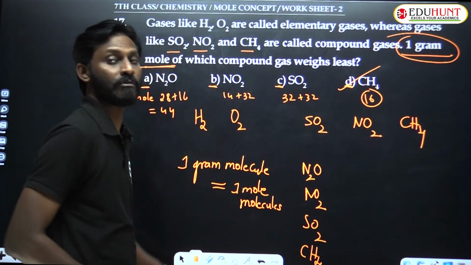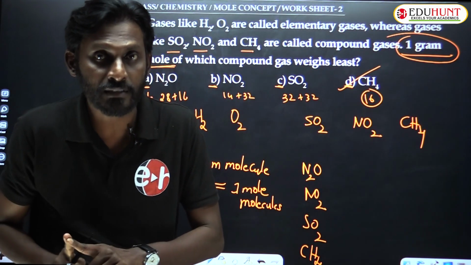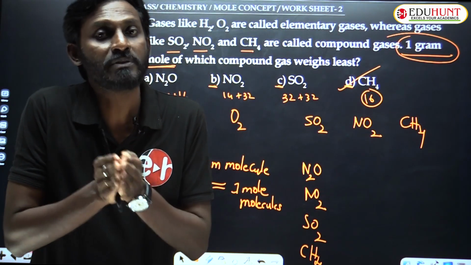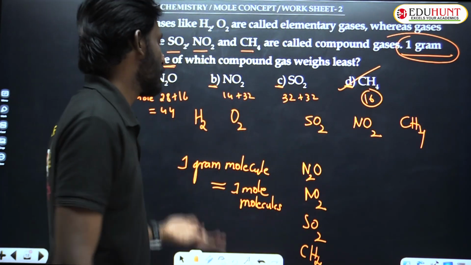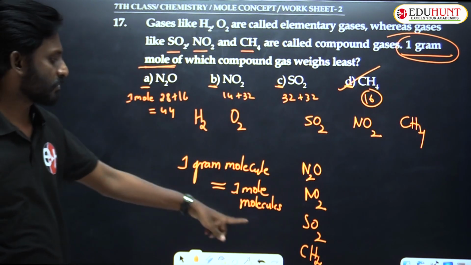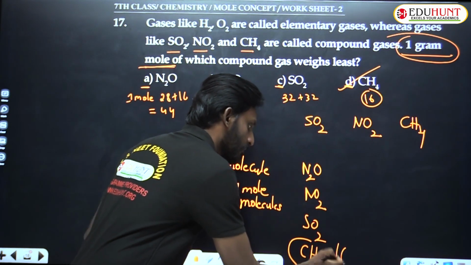But we know that the mass of 1 mole of any compound is equal to its molar mass, gram molecular weight. So molar mass will be least for this one, 16.